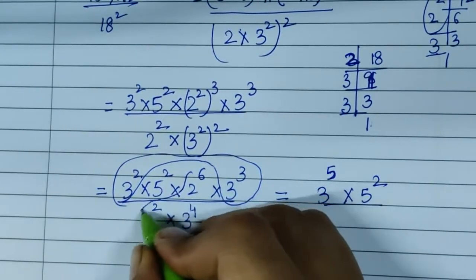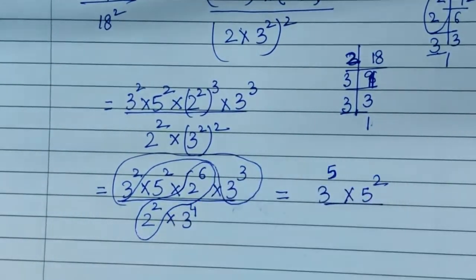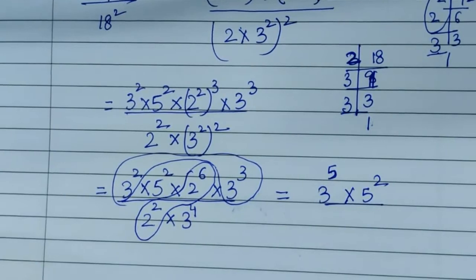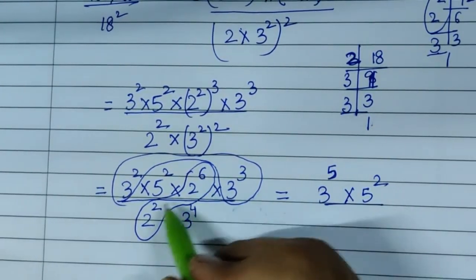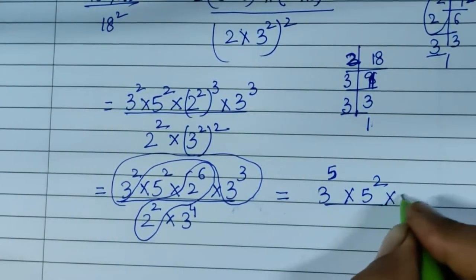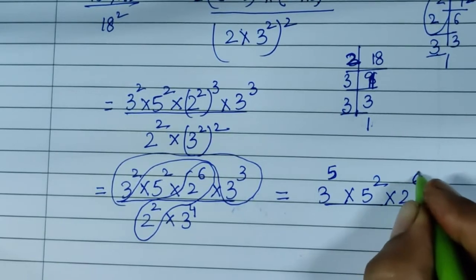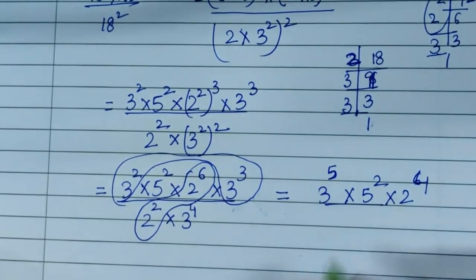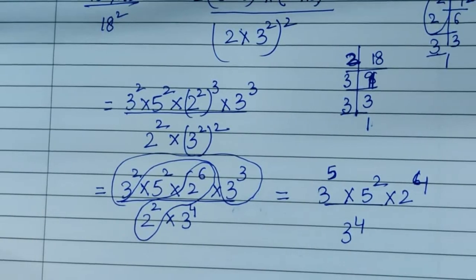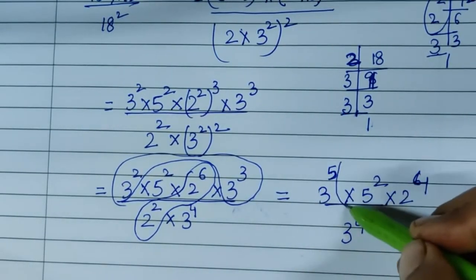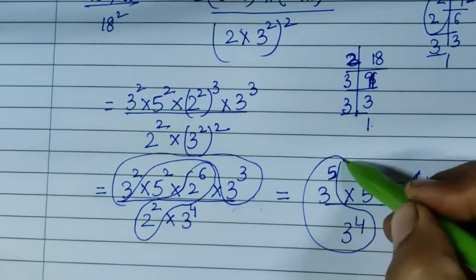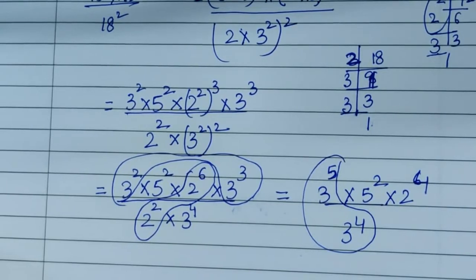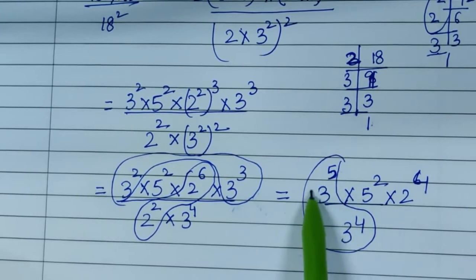See, these are getting divided and the bases are same. So what we will do? The powers will get subtracted. 6 minus 2, simply we can write 4. Now again if you see here, powers will get subtracted. Why? Because the bases are same and these two are getting divided.